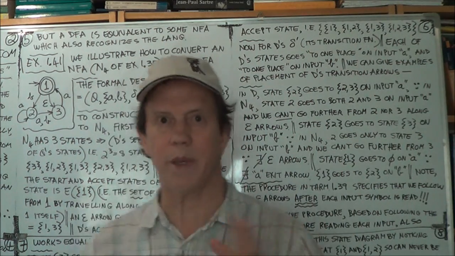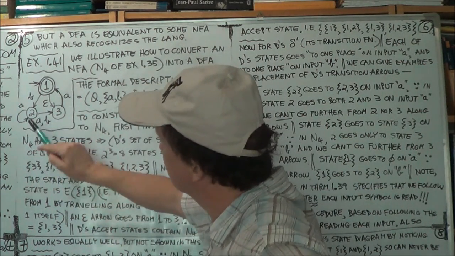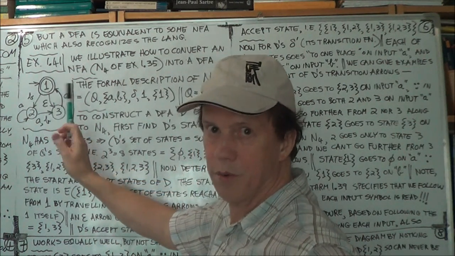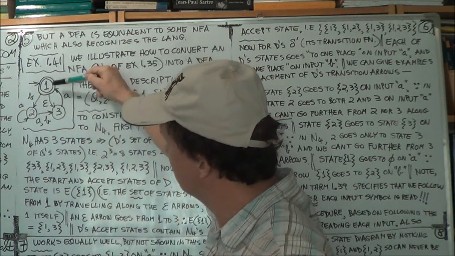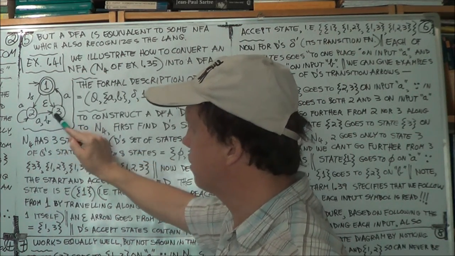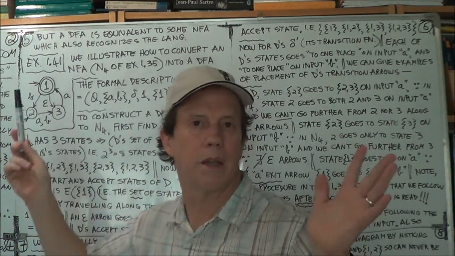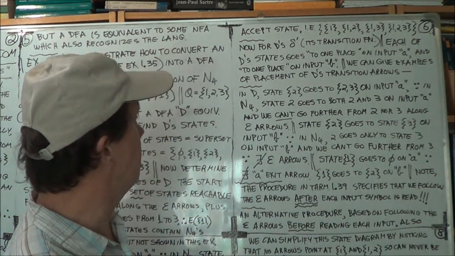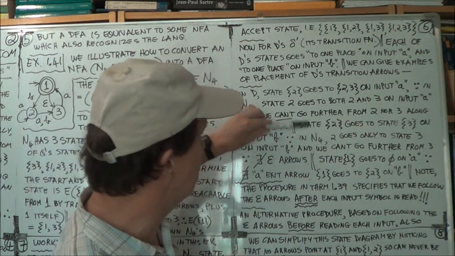You can't go beyond 2 or 3, because both 2 and 3 have no eta arrows. The only eta arrow is from 1. This one here. There are no eta arrows from this or this. Okay, so you can't go any further.